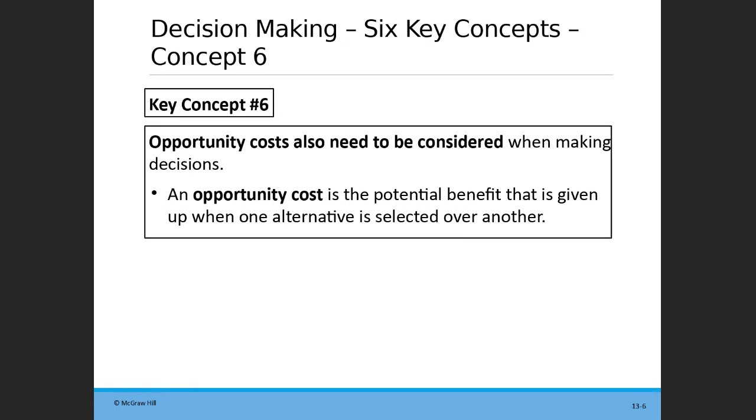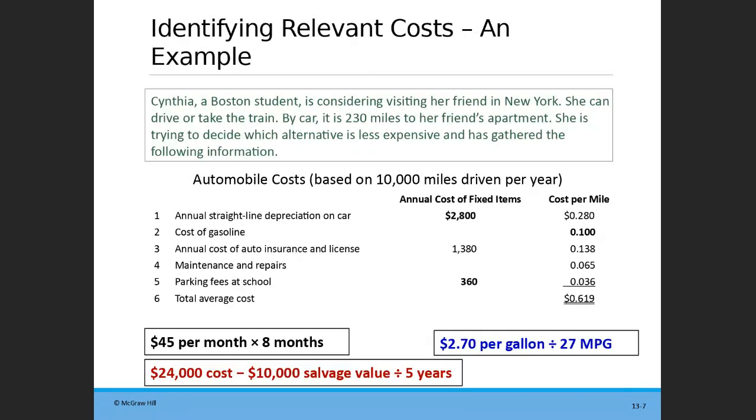You should consider opportunity cost. Opportunity cost is probably a concept you picked up in economics. It is what could I get if I do something else. So if I choose this over this, I'm going to lose some other benefit.